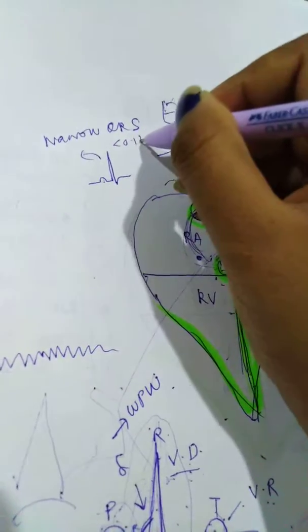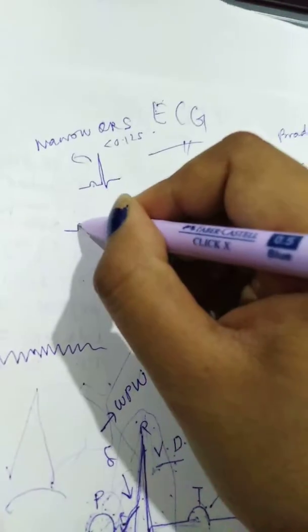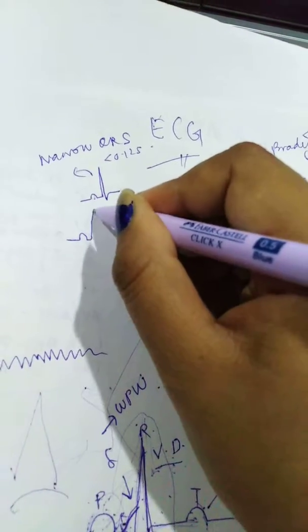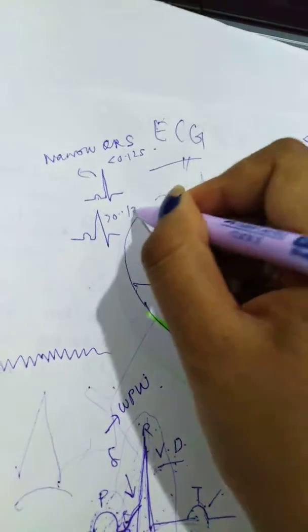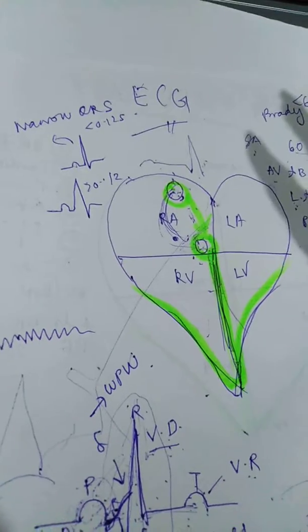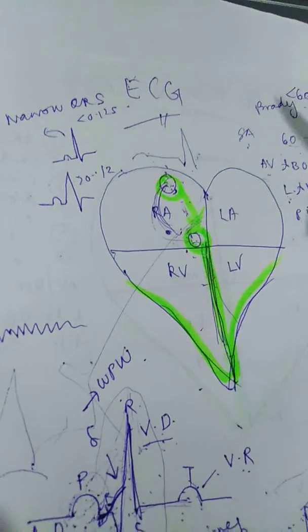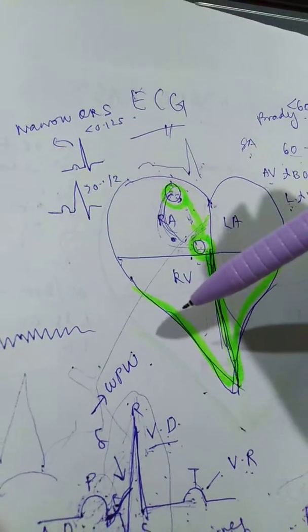So when the SA to AV node has already received the impulse, it now needs to pass it to the bundle of His and the Purkinje fibers. If a patient has a narrow QRS complex, P, and then a very, very narrow QRS complex like this, it means that the impulse is conducted down the bundle of His and Purkinje fibers to the ventricles.